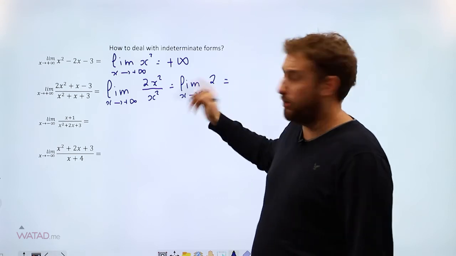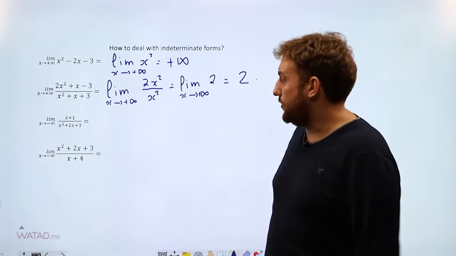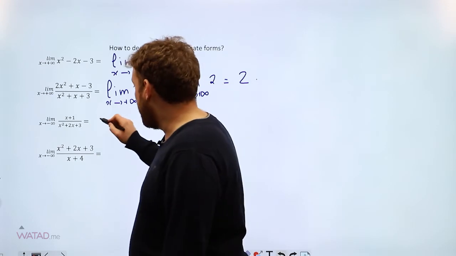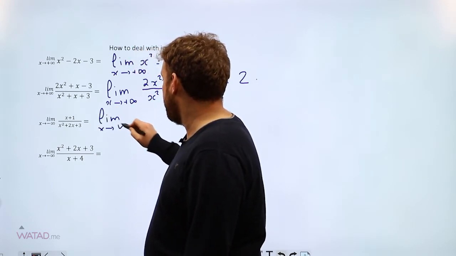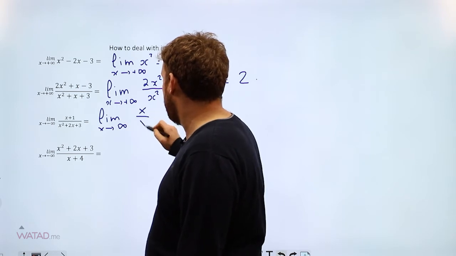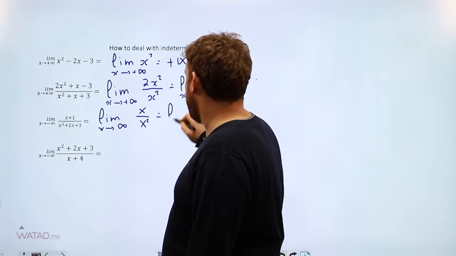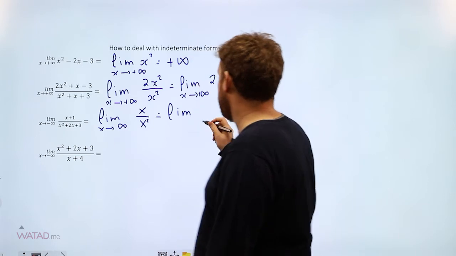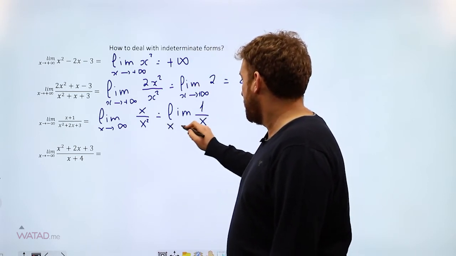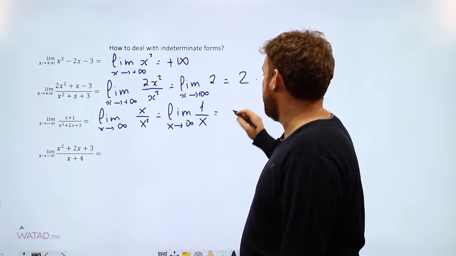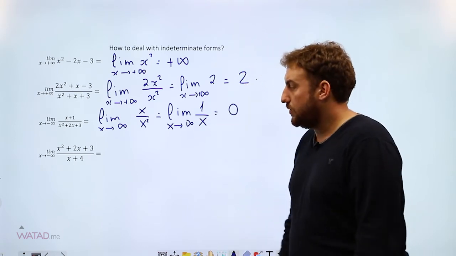And you know that the limit of a constant is the number itself. Here we will have the limit as x goes to infinity of x over x squared. We simplify first. This will be 1 over x, and 1 over infinity is 0.